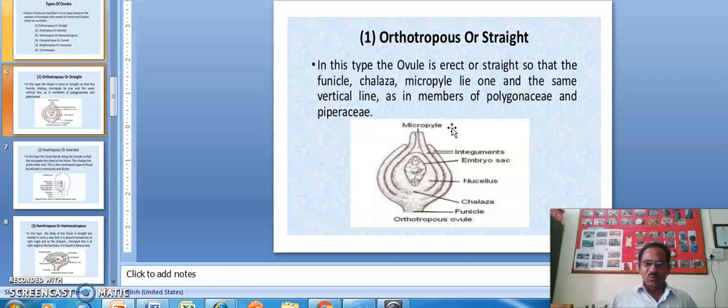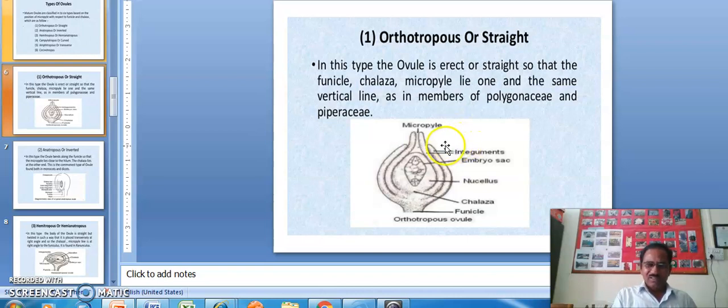First type of ovule, that is orthotropous ovule. Ortho means straight. In this type, the ovule is erect or straight, so that the funicle, chalaza, and micropyle lie in one and the same vertical line, as in members of Polygonaceae and Piperaceae.